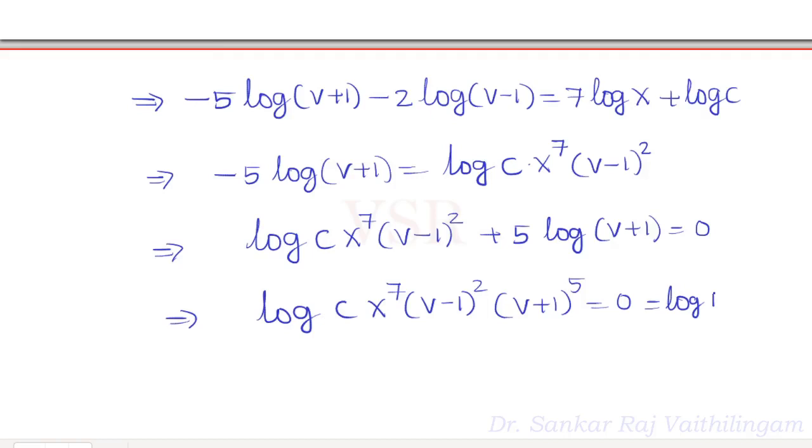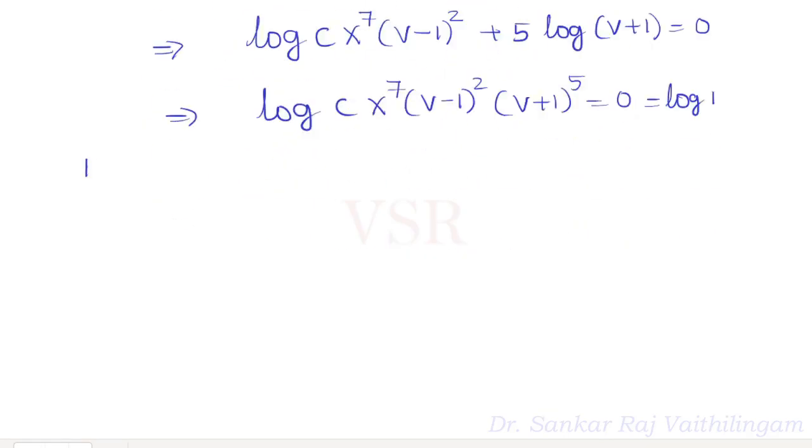இப்போ exponential எடுத்துக்கணுமா. அப்போ taking exponential, so this implies that c x to the power 7 into v minus 1 the whole square into v plus 1 the whole to the power 5 which is equal to 1.